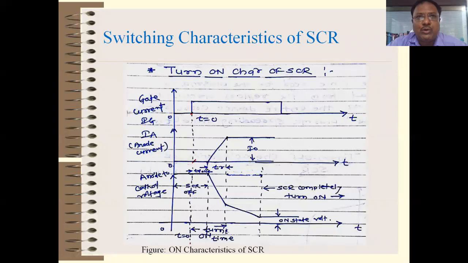So with the application of gate current, some time is required before the anode current flows, due to the charging of junction capacitances. Till then, the anode to cathode voltage is equal to the applied voltage.